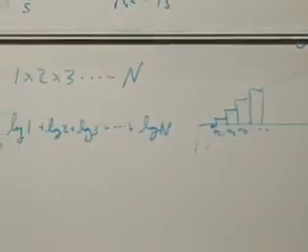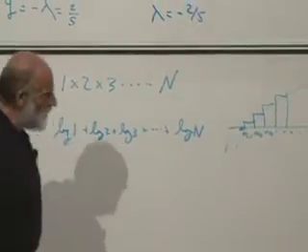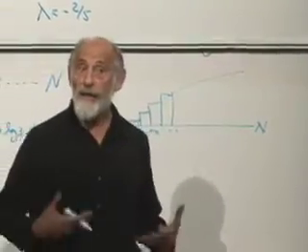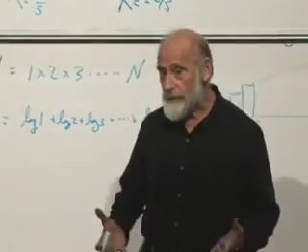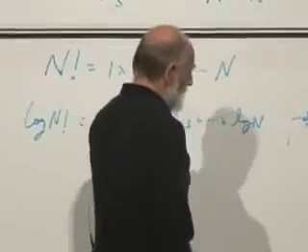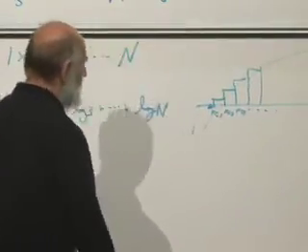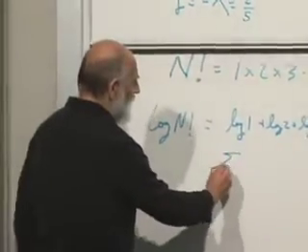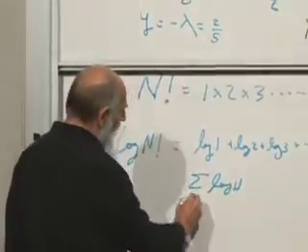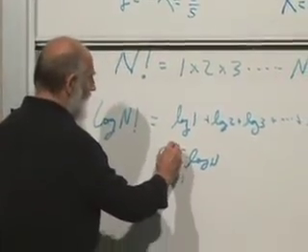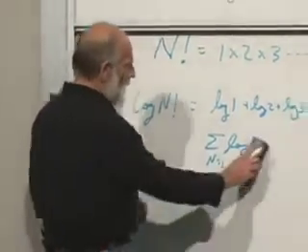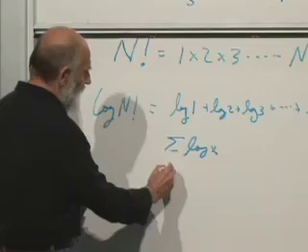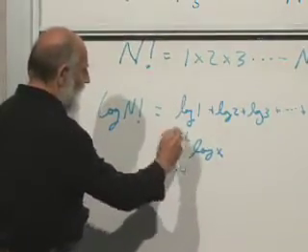All right. When n becomes large, it's a good approximation to replace the sum by the integral. So let's consider, instead of the sum of log of n from n equals 1 to n, let's call it log of x, from x equals 1 to x equals n.